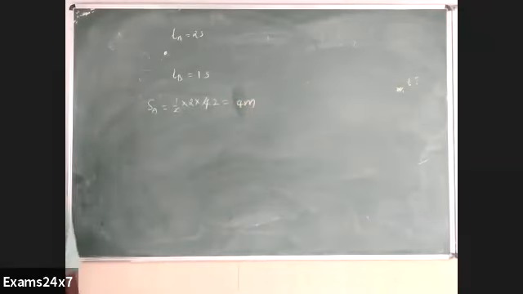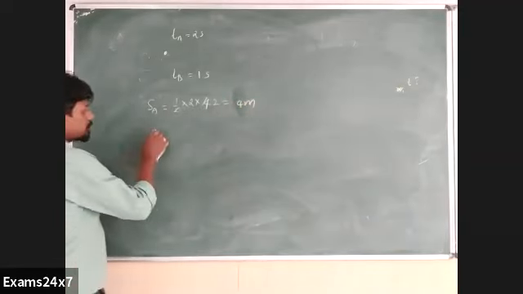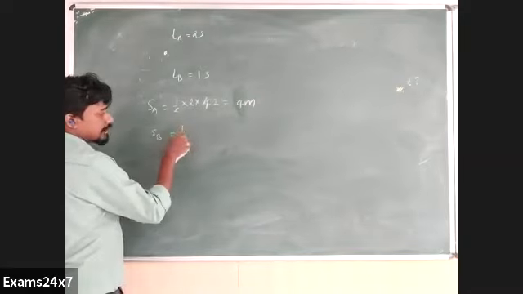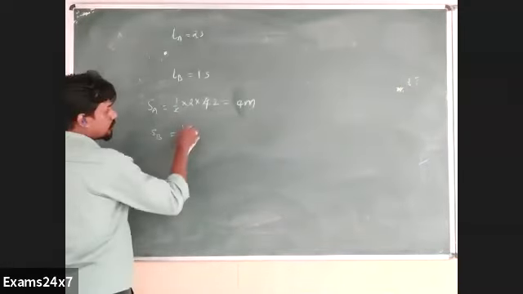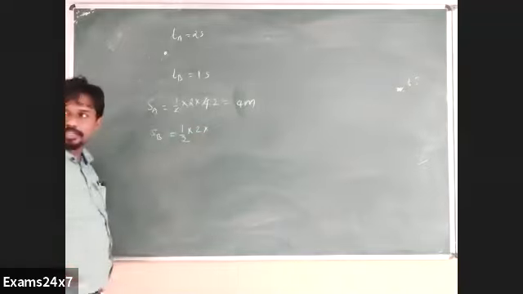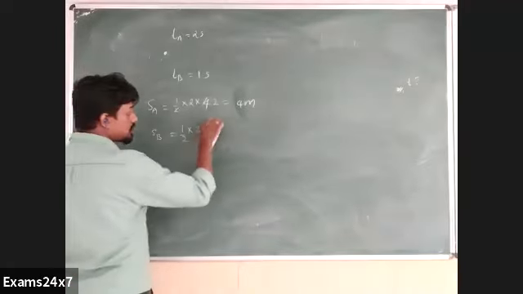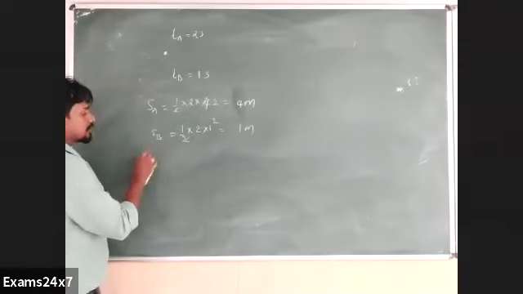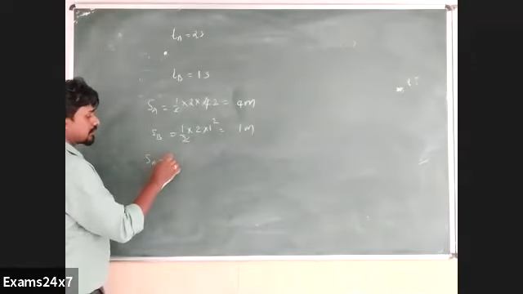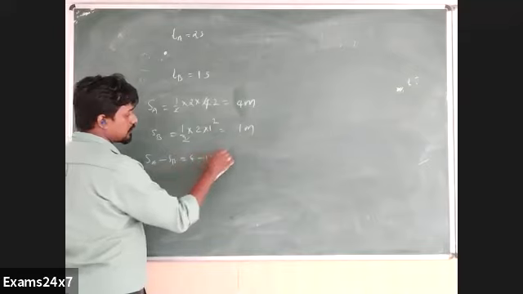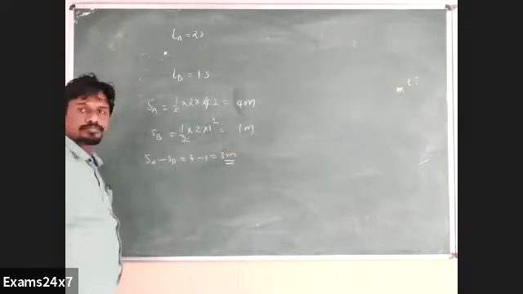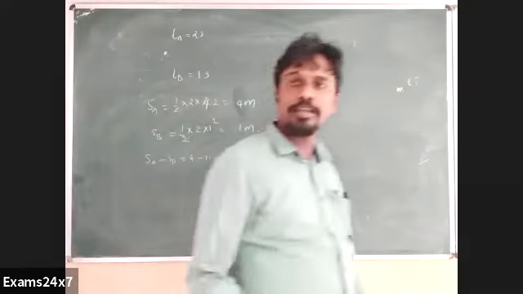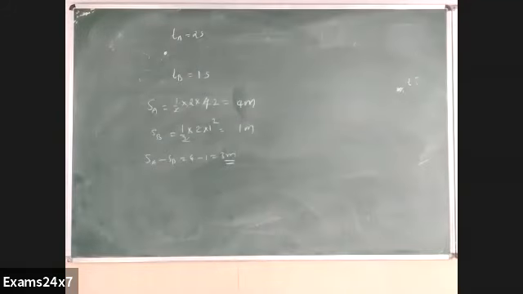Distance traveled by A is 4 meters. What is the distance traveled by B? Starts from rest, u is 0, half into 2, time for B is 1, squared, is 1 meter. Distance between A and B is SA minus SB, 4 minus 1. So B will be 3 meters behind A at the end of 2 seconds. Is that clear?